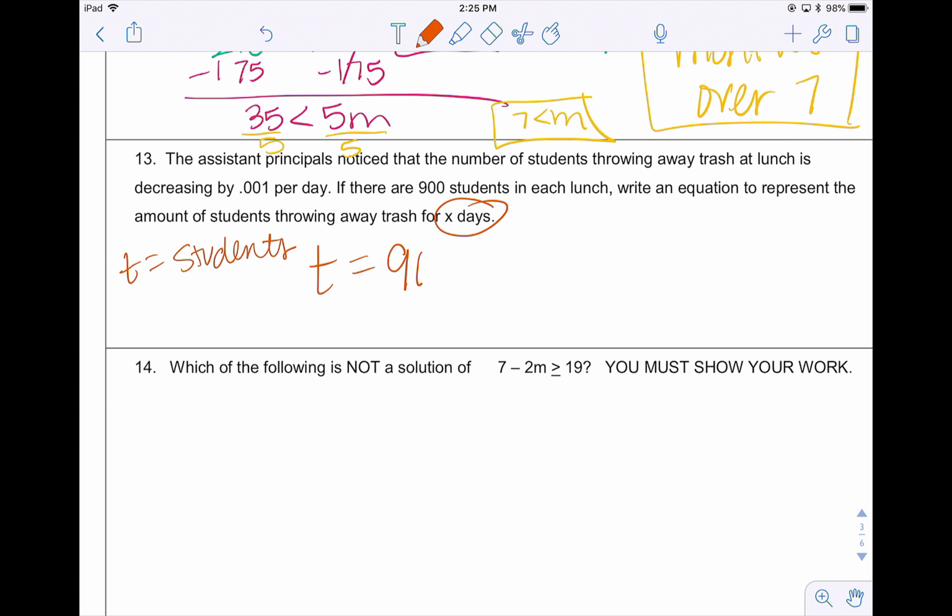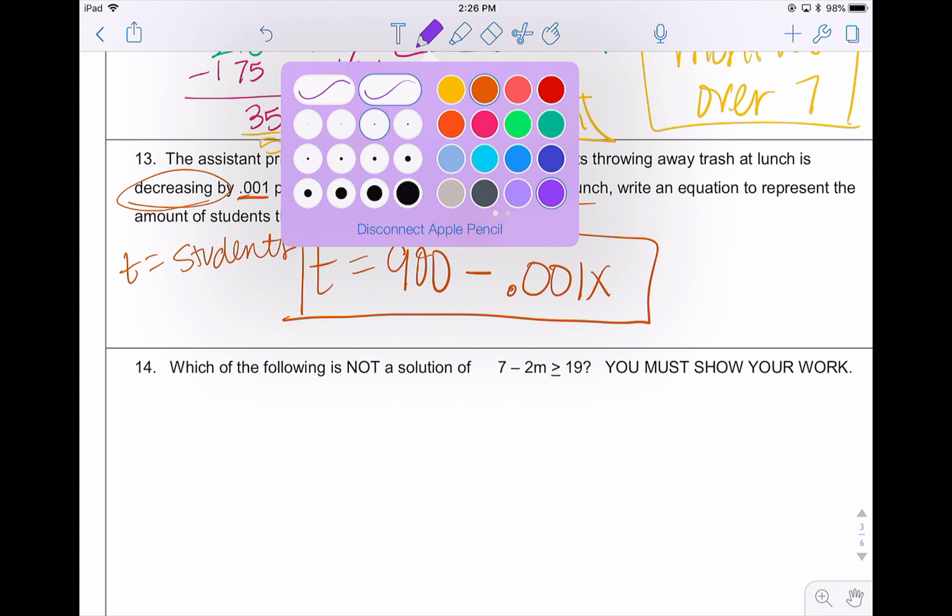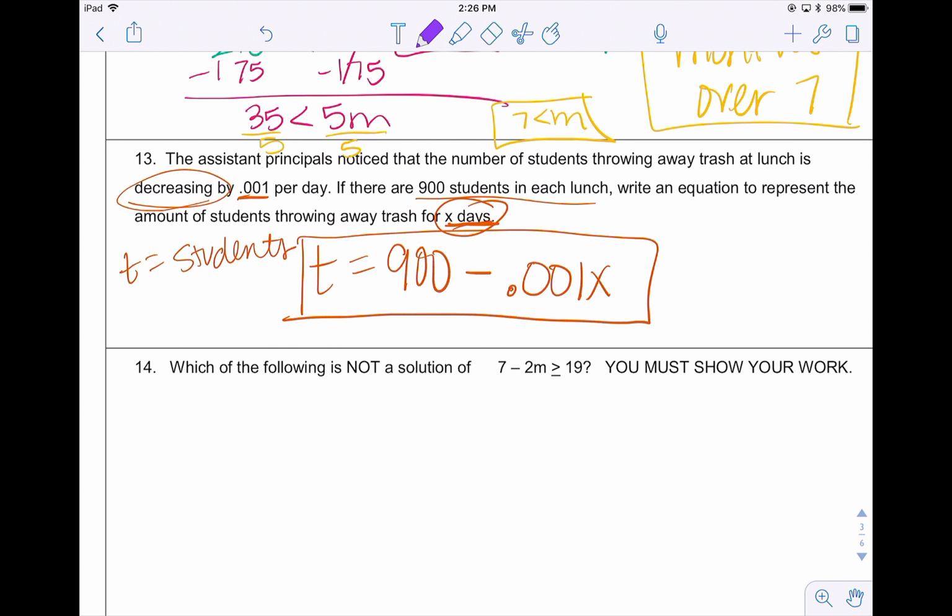There are 900 students in each lunch, so we're starting at 900. And the amount of students throwing away trash is decreasing, meaning we're going to subtract, and then 0.001 per day. So we're starting at 900, and we're taking away 0.001 times X because that is how many days. That would tell us the students after X amount of days.